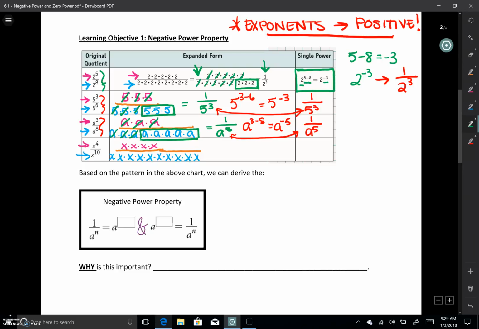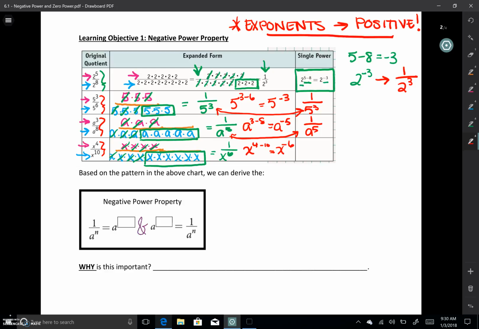By canceling out, I see that what I have remaining is 1 over x, 1, 2, 3, 4, 5, 6, to the 6th power. If I try to compute this using quotient of powers, I see my bases are the same, x, so I keep my base, subtract my exponents. 4 minus 10 gives me x to the negative 6th power. I don't want that negative exponent, so I rewrite it as the reciprocal, 1 over x to the 6th, to get that positive exponent. And look, again, my answers match.